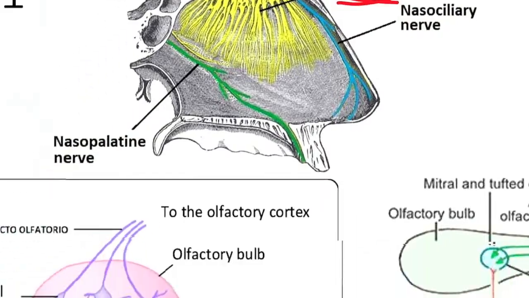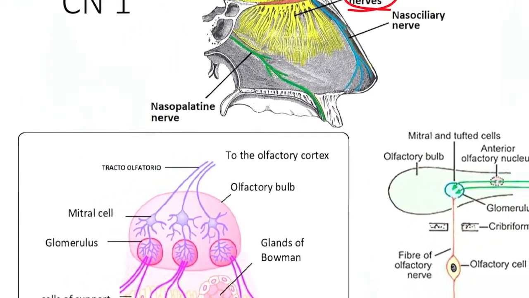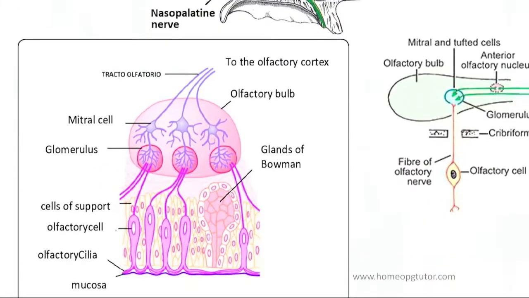Now, the main thing about the olfactory receptors is the cells, which are responsible for the olfactory epithelium's integrity and also the transmission of the impulses, right?